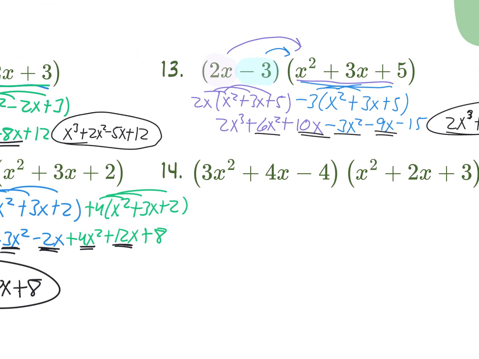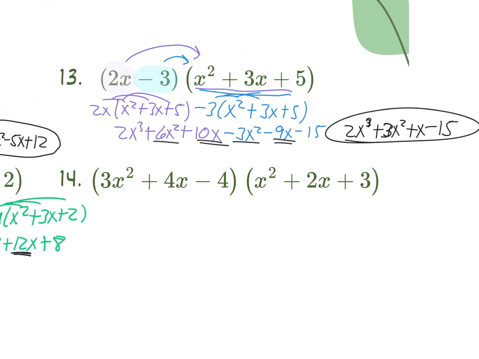Let's try the exact same thing with the last one here, and then that'll be it for this lesson. So again, take that first term, distribute it, take that second term, and distribute it, and then take that last term and distribute it.